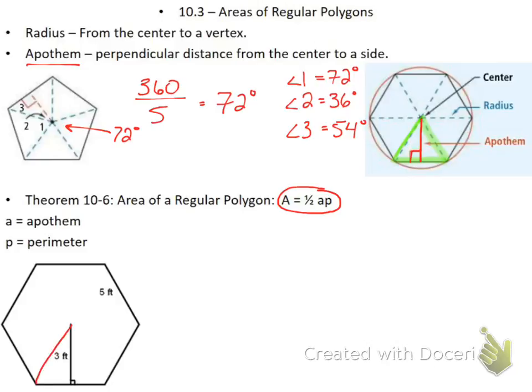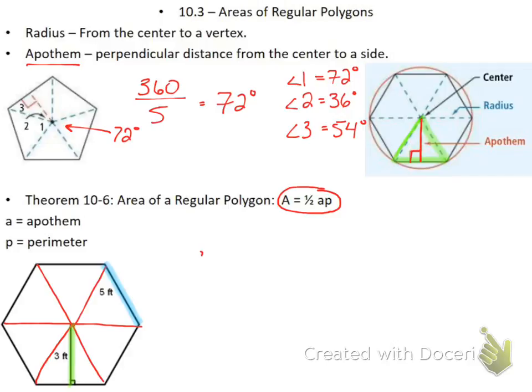Again, I think the first thing is to divide this thing into slices. So I can cut this shape into slices. Since it has 6 sides, it's a hexagon. It has 6 pieces of pizza. I already have my apothem, which is that 3 feet right there, and one of my side lengths, which is 5.